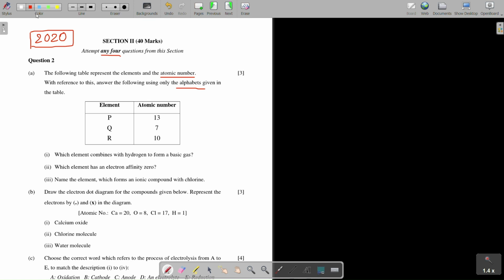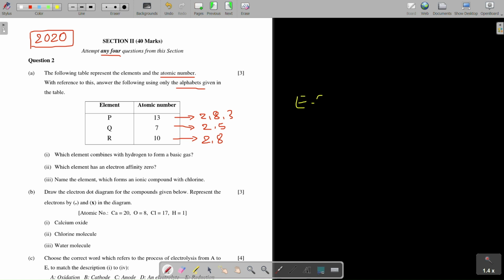First of all, whenever such questions come, you have to write straight away the electronic configuration. So 13 is 2, 8, 3; 7 is 2, 5; 10 is 2, 8. What does electronic configuration tell us?